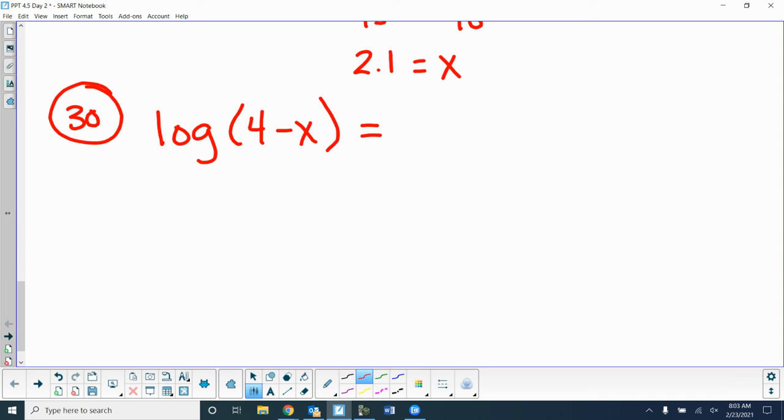And I have addition of 2 logs, which is x plus 8 and 2x plus 13.